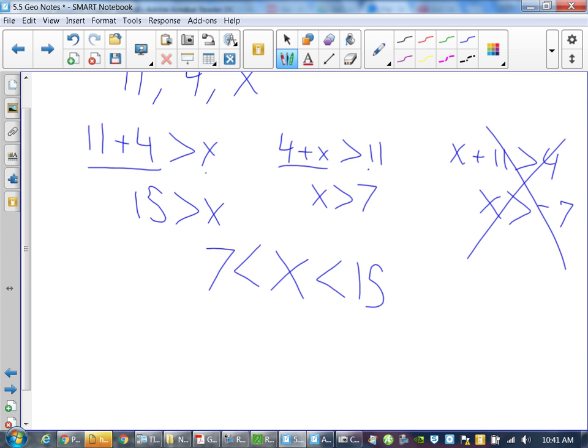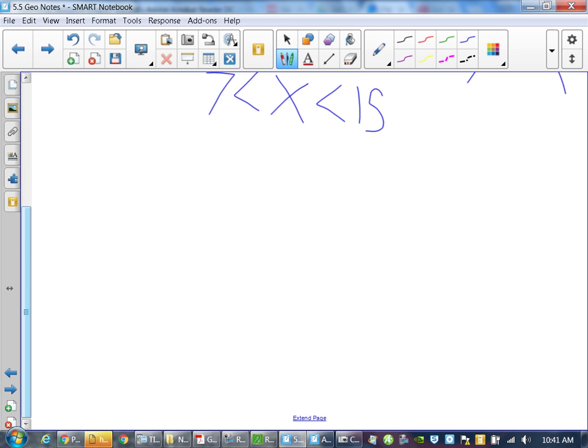So when you go to do this, anytime you wind up with numbers of, say, 8, 13, and something, you write out your inequalities.